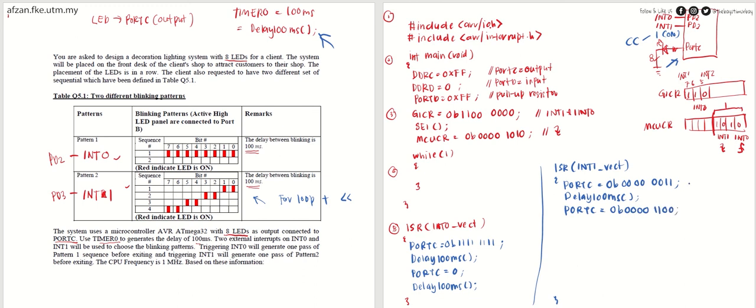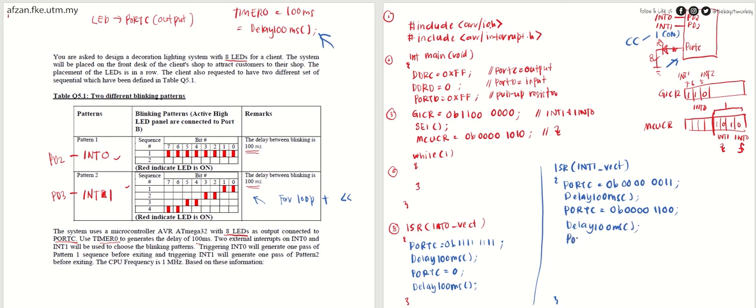That is why I always love to write in binary, because I can compare the patterns here and see the pattern clearly within my binary value. Then we call a delay of 100 milliseconds.